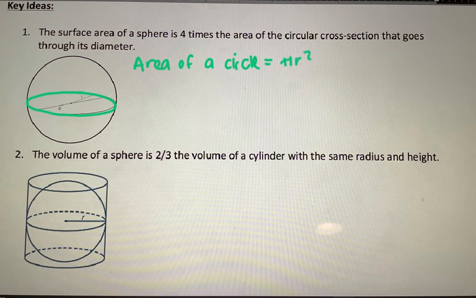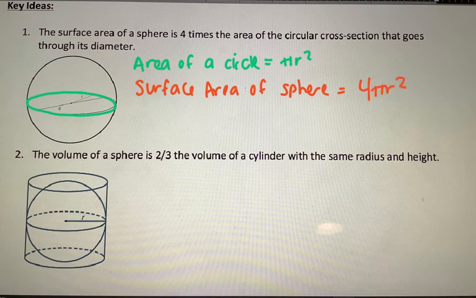So now to find the surface area of a sphere, that equals 4 times the area of that circle, 4 pi r squared.